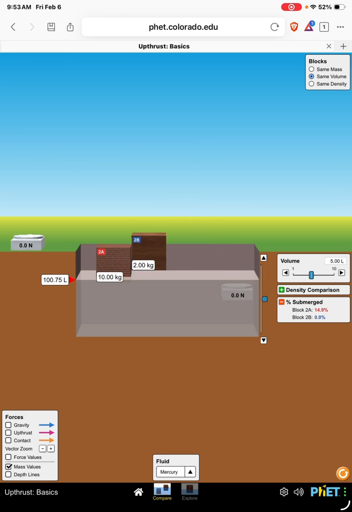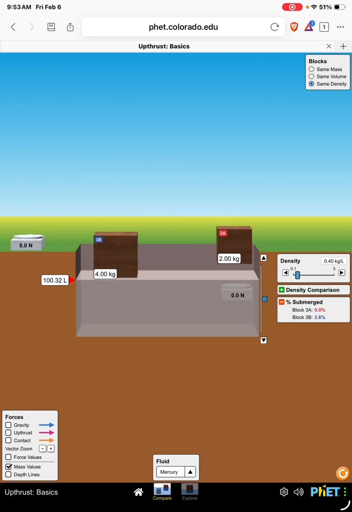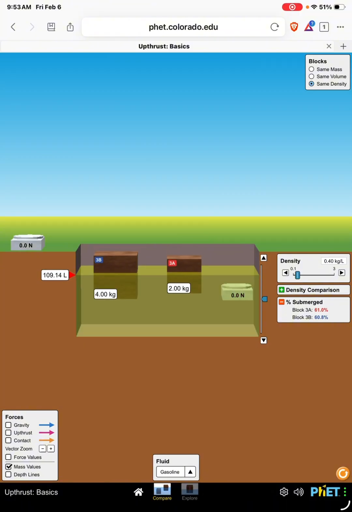This simulation is nice. They even make it bump off the mercury. Let's do same density. Let's do seawater. Still floats. And gasoline.